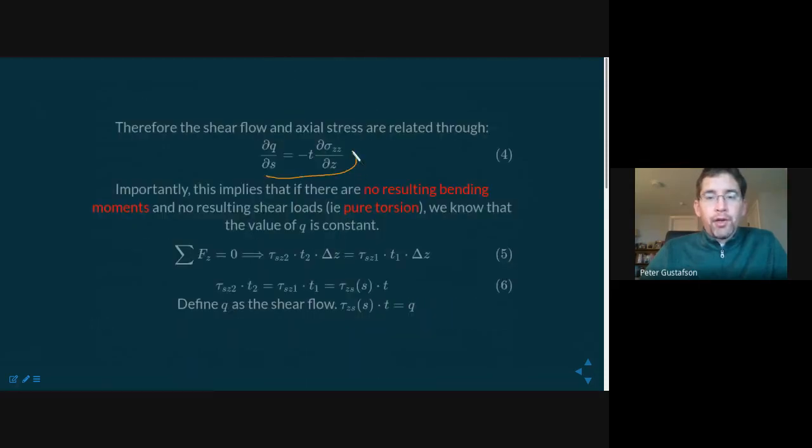So dq/ds is equal to minus t d sigma zz/dz. This is what we derived at the beginning of the first shear flow calculation lecture, and it's related to the bending stresses. The shear flows are related to the bending stresses. Now, importantly, we're stating that our calculation is a torsion calculation. There is no bending.